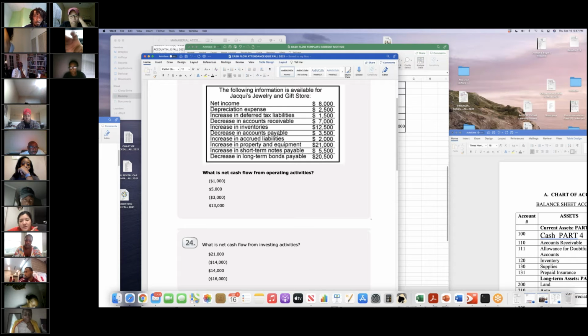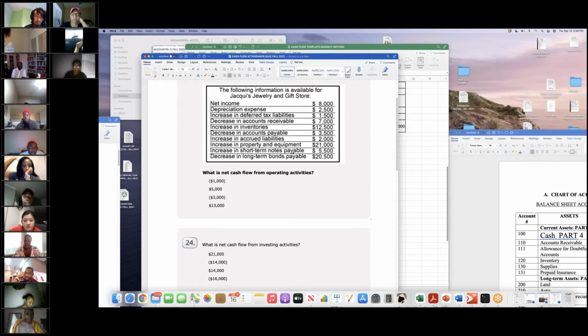Depreciation expense, yeah, but what about your notes payable? Your notes payable is supposed to be an increase in current liabilities too. Short term. My note payable is a long-term liability, so it goes in part 3. No, it's defined in this problem. They define it as short term. What happens is that the part of the note that's due within a year, you move that to current, because anything has to be paid within a year.